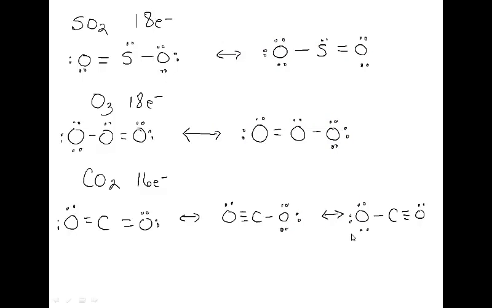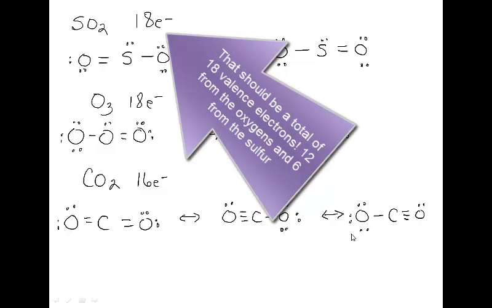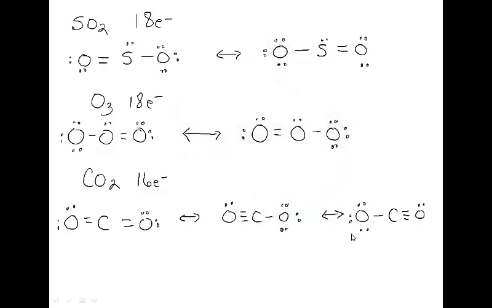Notice that my double bond is on the left side in the first structure and on the right side in the second structure. Both structures are valid. Both have 18 electrons. The oxygen, the sulfur, and the other oxygen all achieve an octet. There is nothing wrong with either structure based on the rules.